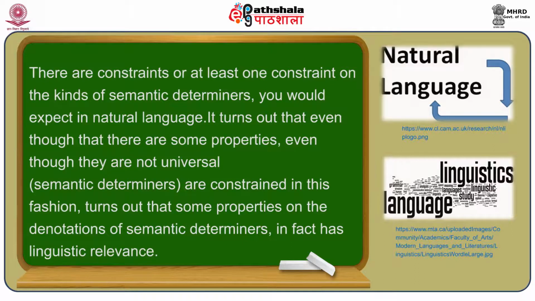That means if a determiner has a certain property P, then it will behave in a certain way in natural language. So we will take a look at various examples of something like this. Okay.